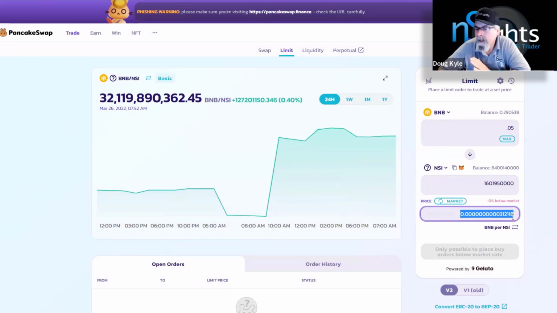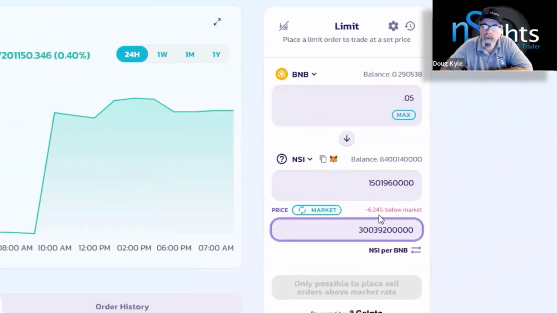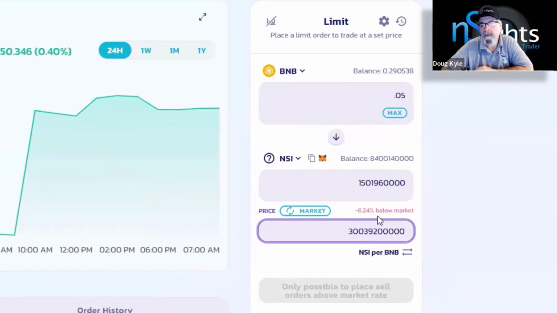At both of these, I'm at 0% below the market. Now, if I decrease this number, if I take the 2 away and put a 0, it says I'm 6.24% below the market. I'm actually getting less NSI.